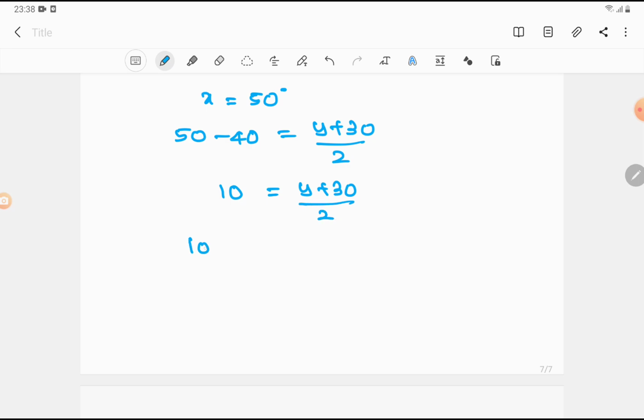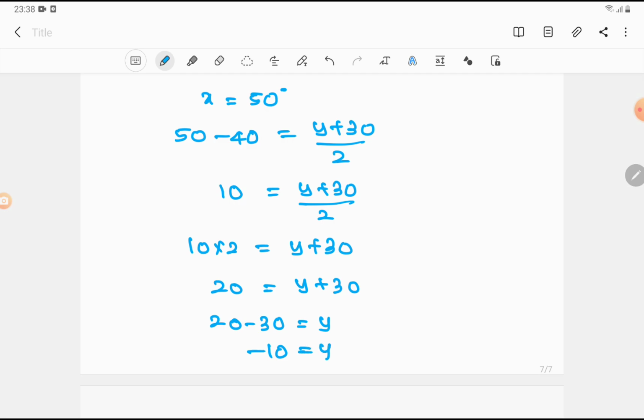So cross multiply, 10 into 2 is equal to y plus 30. 20 is equal to y plus 30. 20 minus 30 is equal to y, minus 10 is equal to y. Therefore y is equal to minus 10 degree. So the reading on y will be minus 10 degree.